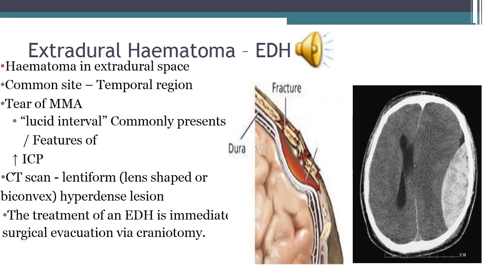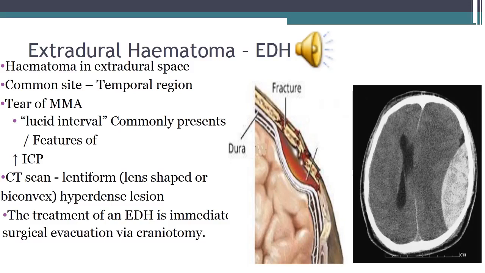Extradural hematoma is a hematoma in the extradural space. The most common site is the temporal region, and it results from a tear of the middle meningeal artery. It commonly presents with a lucid interval, and there will be features of raised intracranial pressure.